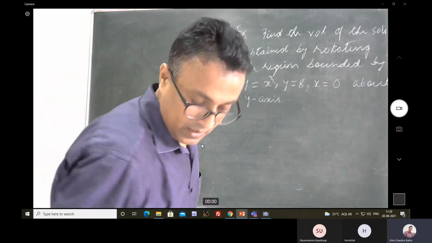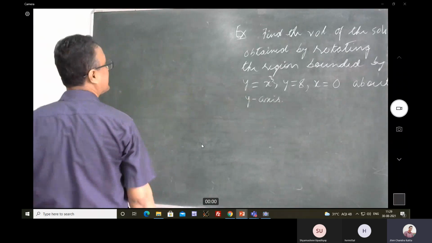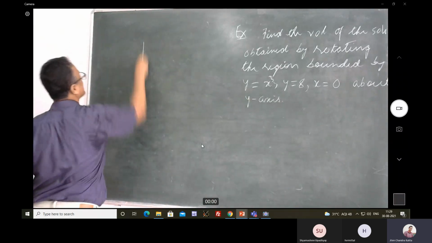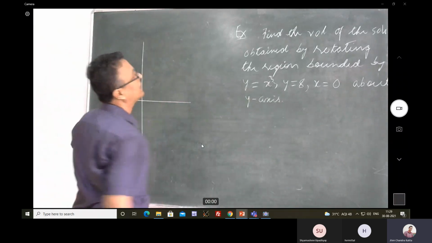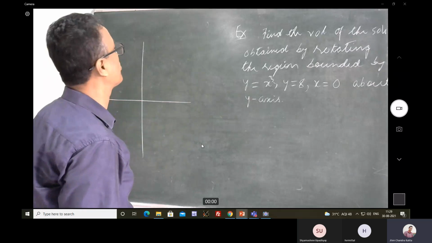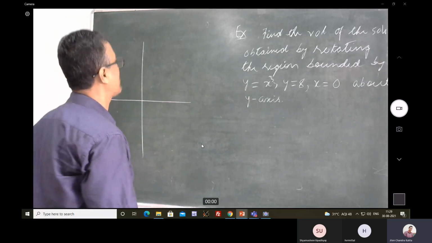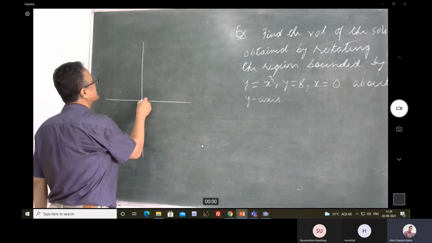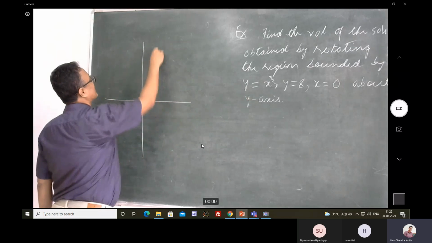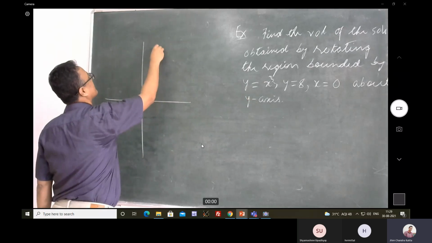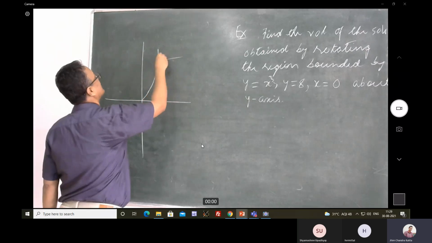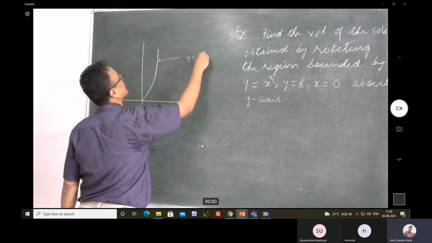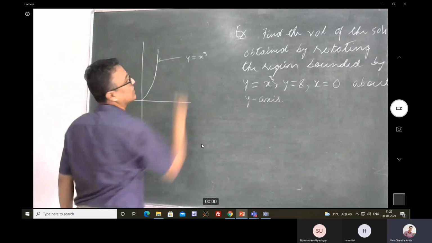So what it is telling me is the volume of the solid obtained by rotating the region bounded by y equal to x cube. So y equal to x cube is going to be something like this. So this is y equal to x cube.